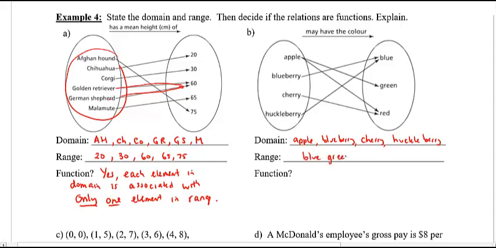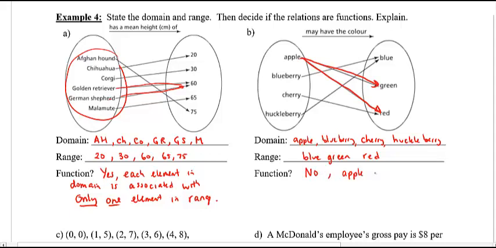I think listing domain and range is pretty straightforward. Key part here, is this a function? And I'm going to say, look at what happened with Apple. There are actually two elements it's connected to. That's bad news. Therefore, it's not a function.